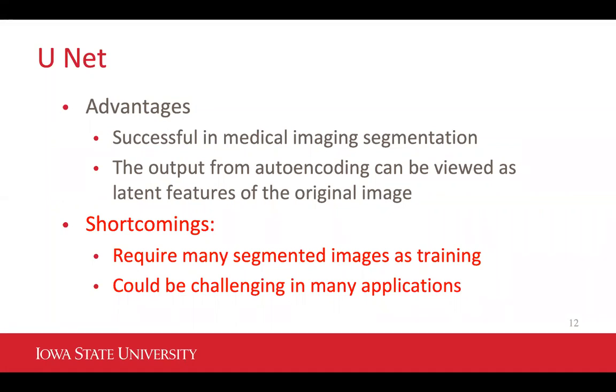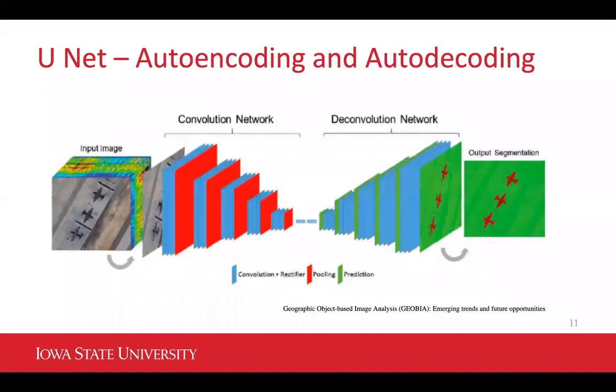So think of this vector from the auto-encoding as a transformation of the original image. We can actually analyze those latent features to study the original image.